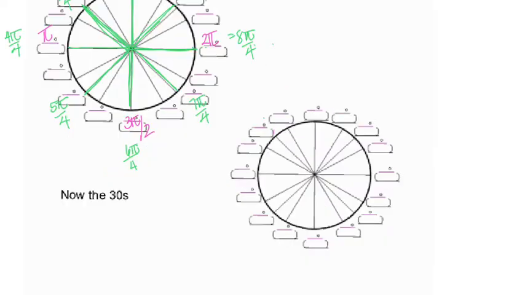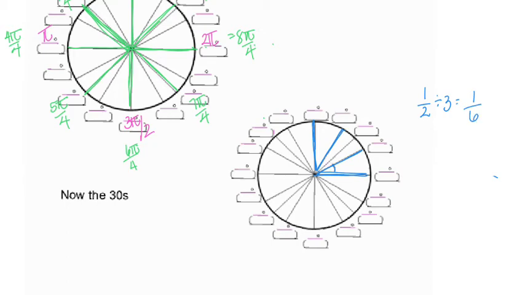And I'm going to do the 30s now, kind of knowing what we know. It's like the 30s and the 60s all in one, because I'm going to break this up into 3 pieces. If I had a half and I broke it up into 3 pieces, 1/2 divided by 3 would give me 1/6 as each piece.